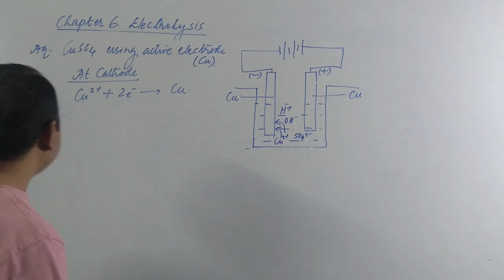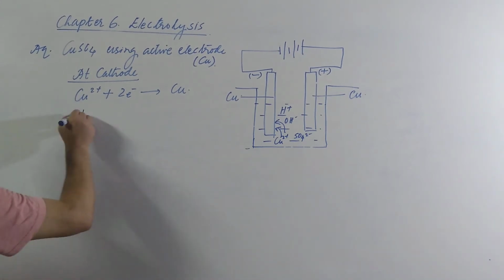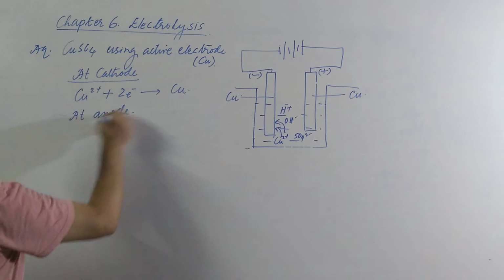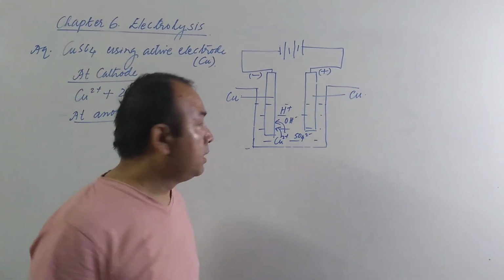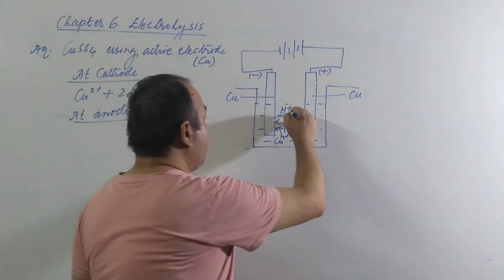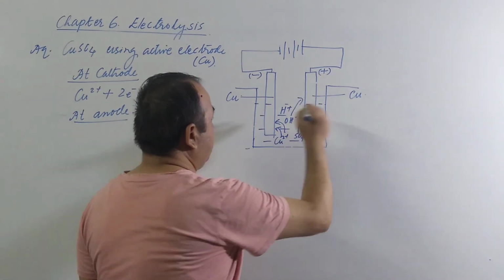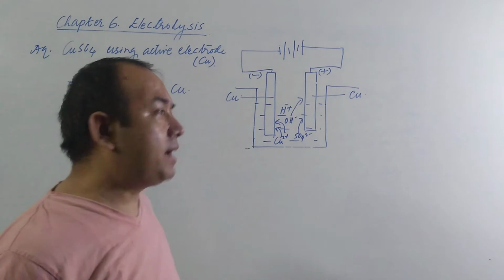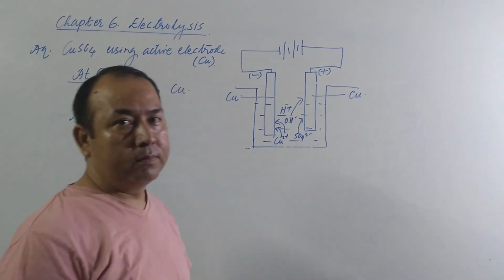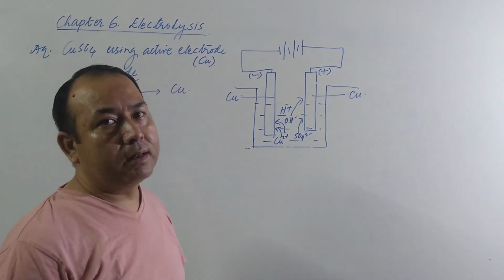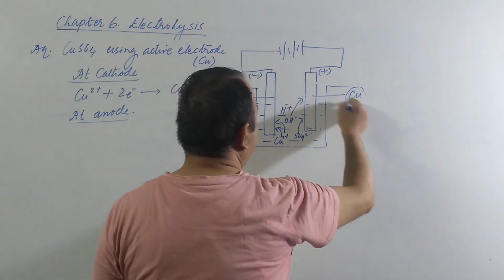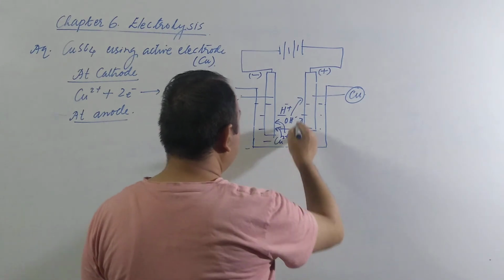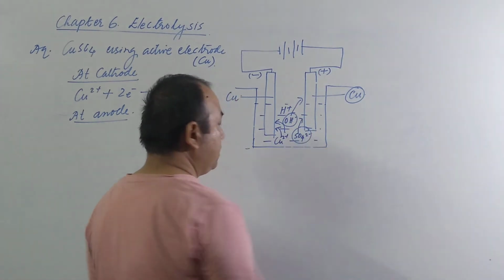This point you need to remember. Then again at the anode, it's very interesting to know. See, this portion is different. Now what happens is that both hydroxyl ion and sulfate ion migrate towards the anode, but none of them will get discharged, because here the competition will be between the copper atoms present in the anode and the hydroxyl and sulfate ions.